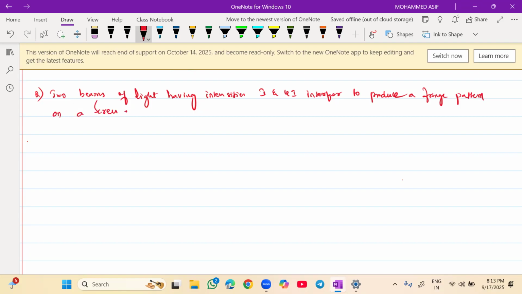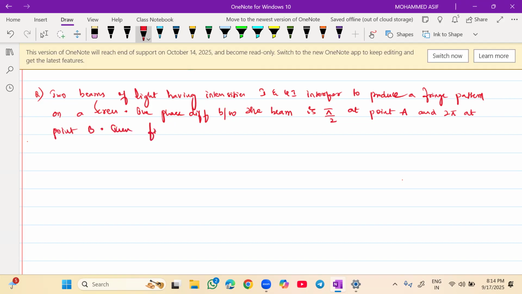The phase difference between the beams is pi by 2 at point A and 2 pi at point B.